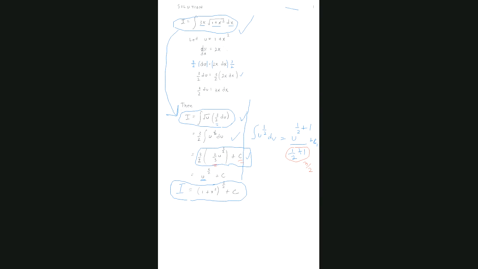A good question, Tina. 1 plus x squared raised to the 3/2 power really can't be simplified. I mean, you could write it as the square root of 1 plus x squared to the 3rd, which is actually very pretty, writing it in that form.